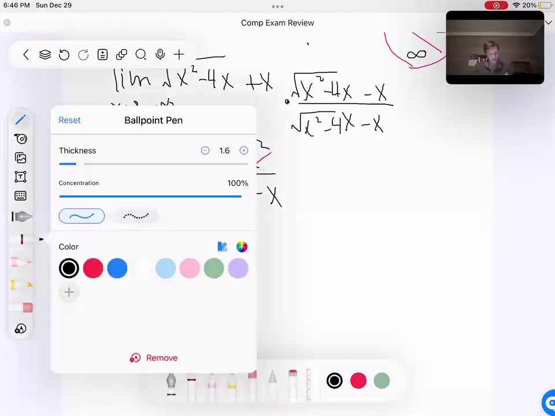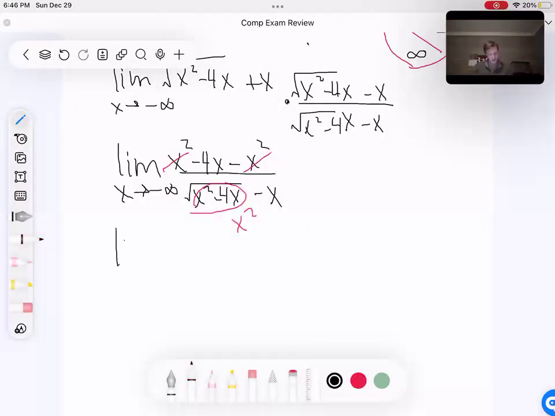You might not immediately think to do that, but you'll see in a second why we're going to. So this is still the limit as x approaches negative infinity, but on the top we now have negative 4x, and on the bottom we have x times the square root of x squared times 1 minus 4 over x, because we're factoring an x squared out of both of those terms, minus x.